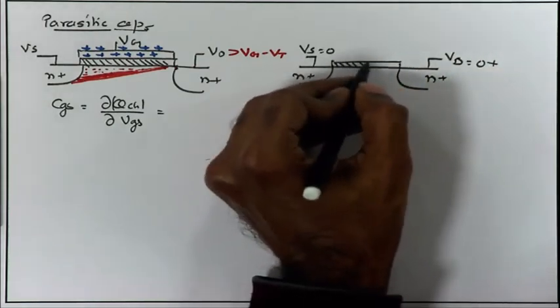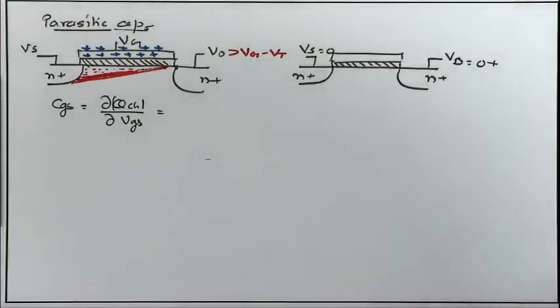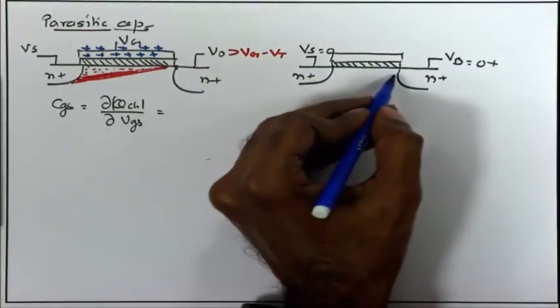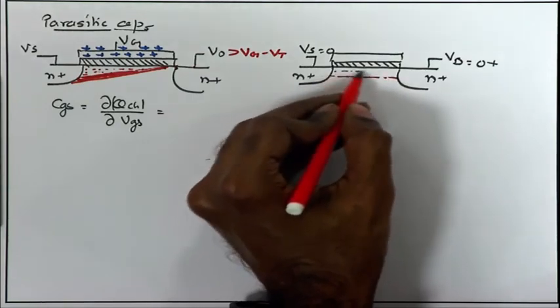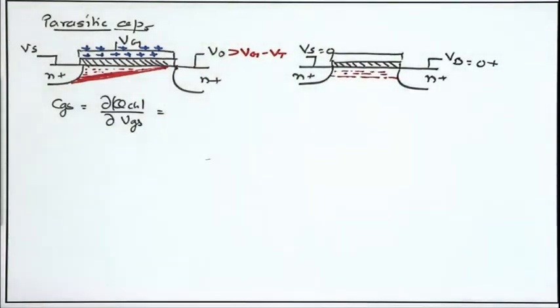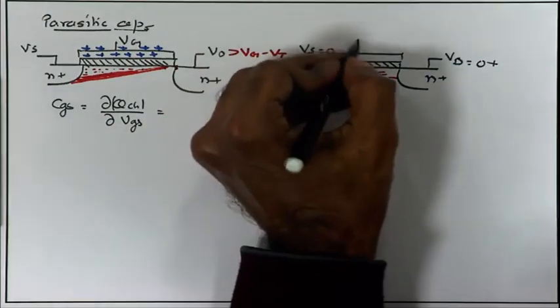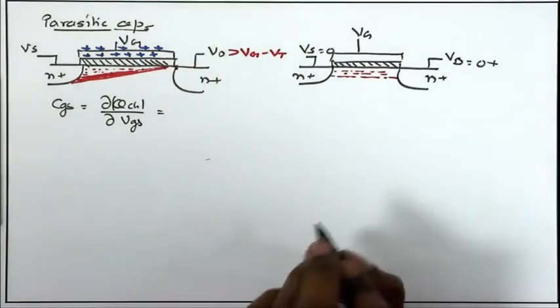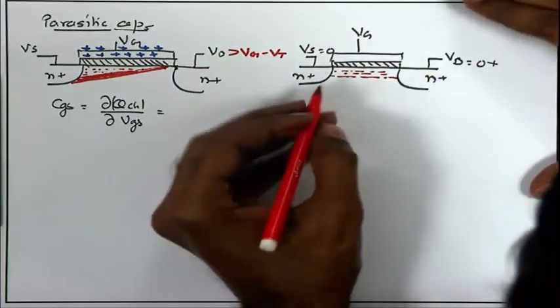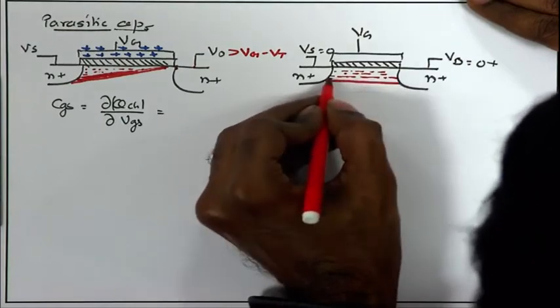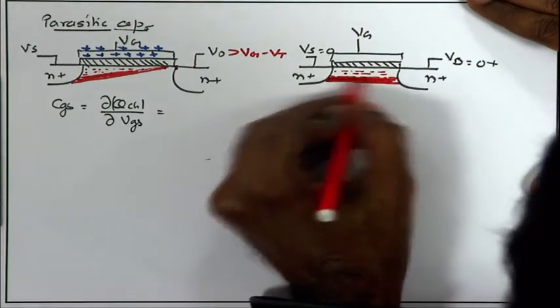Under that condition, the channel charge was almost uniform, so there was no tapering. The channel charge was almost uniform negative charge all over, and if I change the gate voltage V g, making it positive or negative, we expect this charge to expand uniformly, increasing uniformly all throughout.